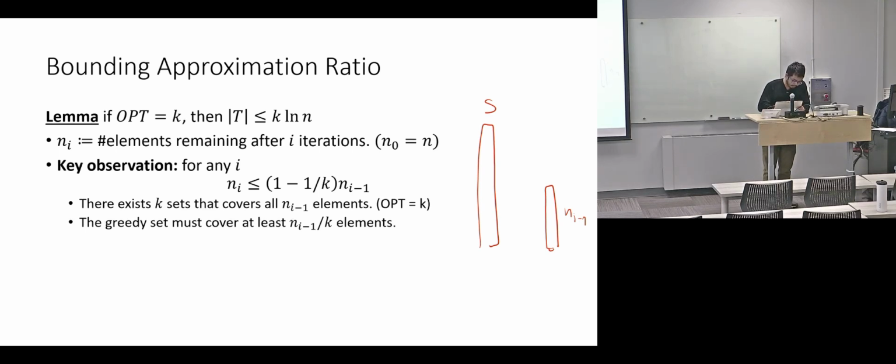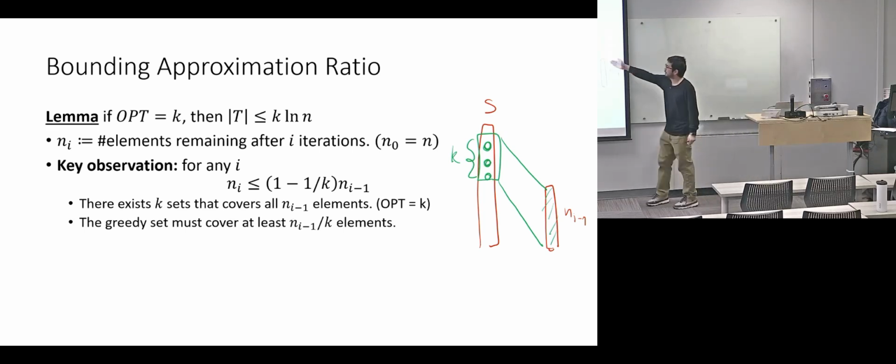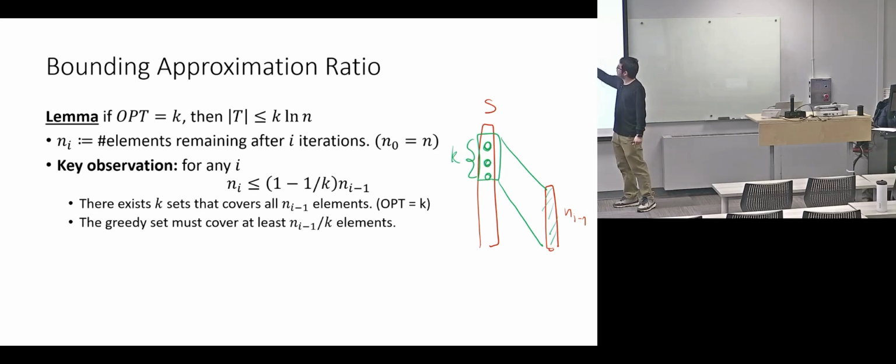And we know that there are k guys, let's say this is the optimal one. The optimal solution of size k will cover everyone here. In fact, it would cover the whole thing, but in particular, it will cover every remaining guy. So k sets can cover everyone here.